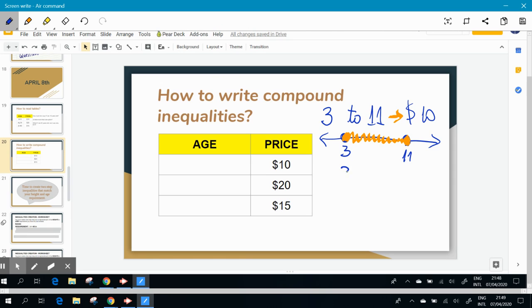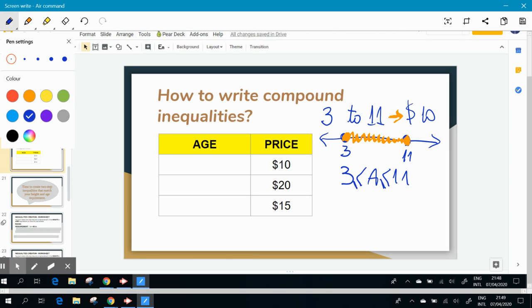So I'm going to write 3, I'm going to write 11. So all these ages between 3 and 11, including 3 and including 11, are in this range. So that's what I call a range. This is a compound inequality.